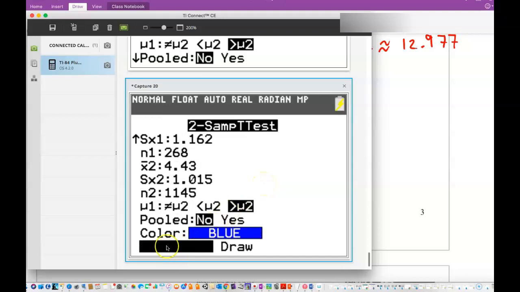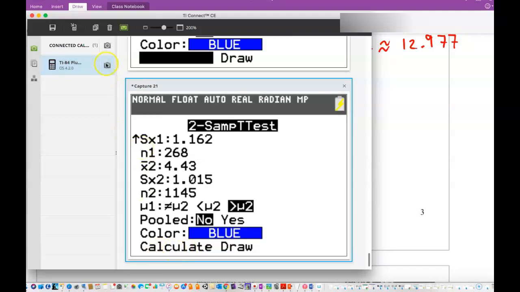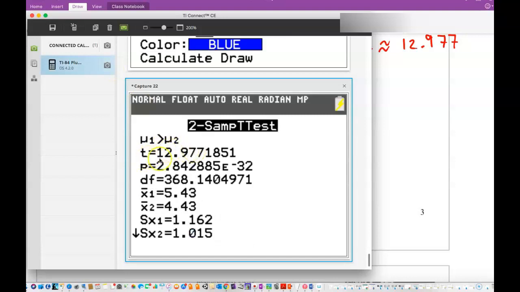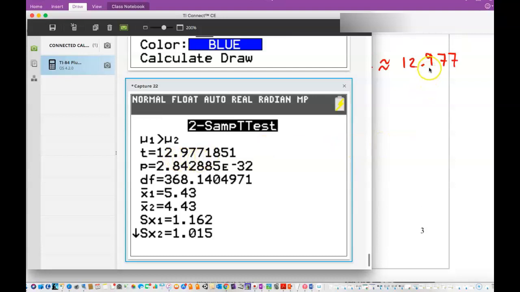Okay, so choosing this one, then enter. Okay, so I'm choosing this to calculate. After enter, we have these T as 12.977. See, we got exactly the same thing.